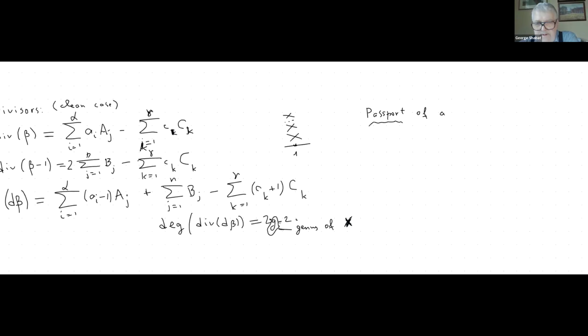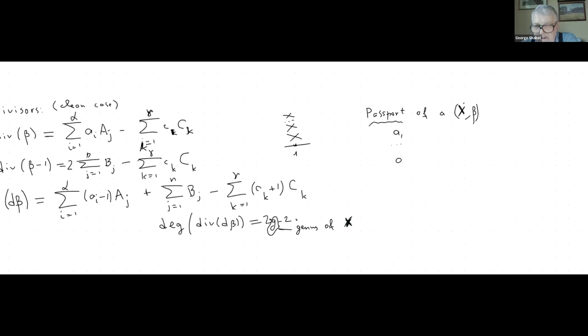So can I proceed? Sure. Okay, so there is a passport of a Belyi pair. That is just the table of multiplicities.